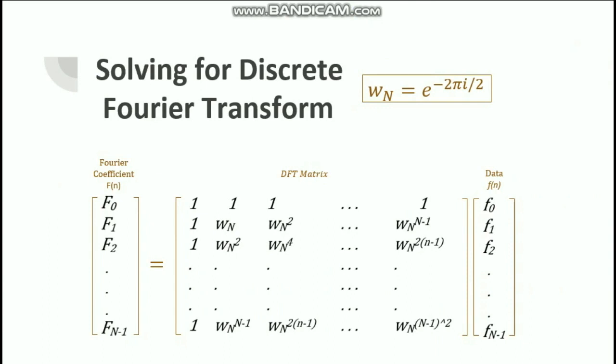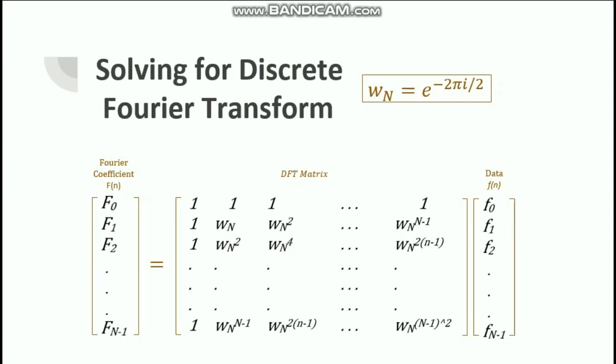And what we really want is a matrix where, if we stack all our data in f into a vector of f0, f1, f2, f3 up to f n minus 1 and multiply it by our DFT matrix, we will get a vector of our Fourier coefficients. Doing this computation n times will result in O of n squared.